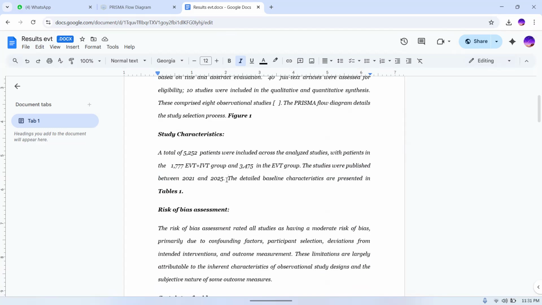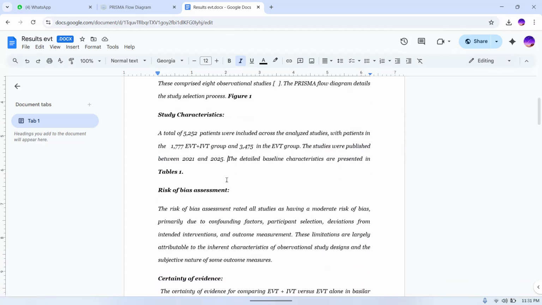So if this column about the country is included, do write it: the studies were published between 2021 and 2025, of which 8 studies were conducted in Germany and 2 in the USA, or different countries, whichever are written in the baseline table, or any other special baseline characteristic which is of prime importance to you.